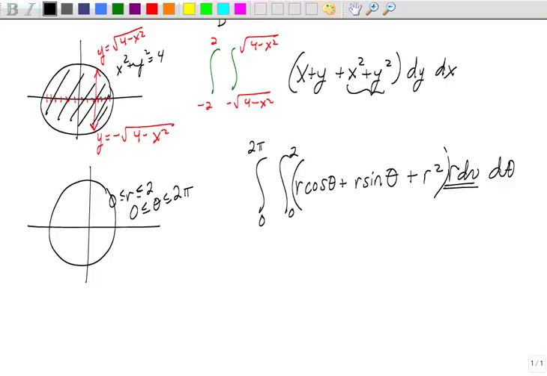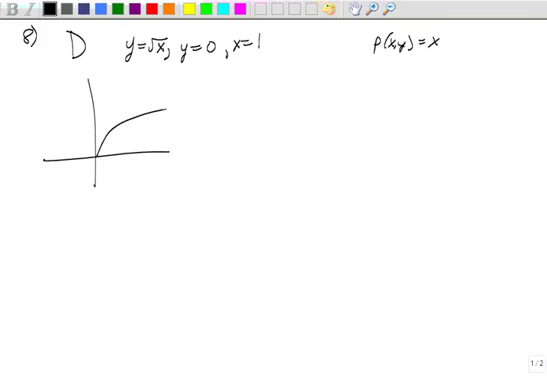Let's look at number 8. And number 8 says I want the center of mass with D bounded by y equals square root of x, y equals 0, x equals 1, and the density function is x. So I have this picture.